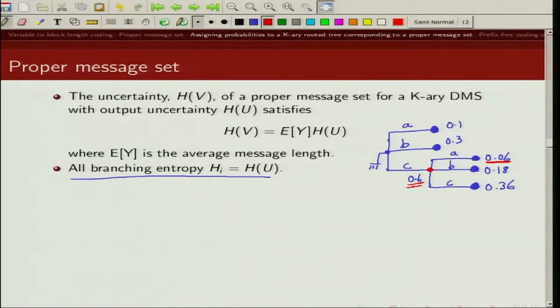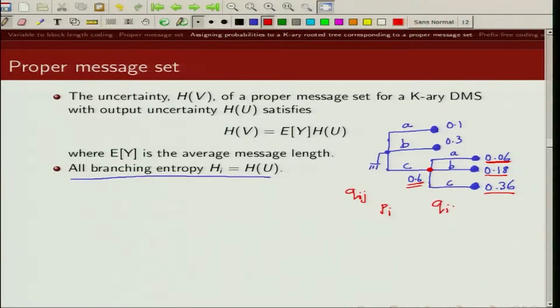If we use the notation we used earlier, we used Qij to denote these probabilities and Pi to denote the probability of the node.